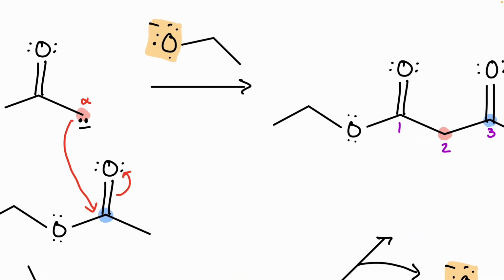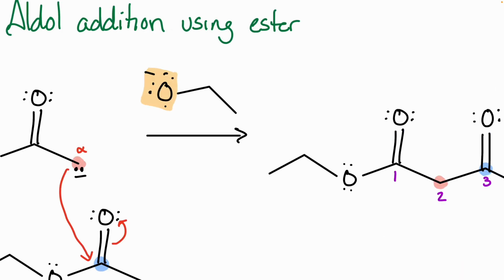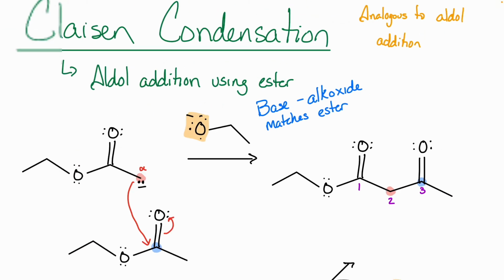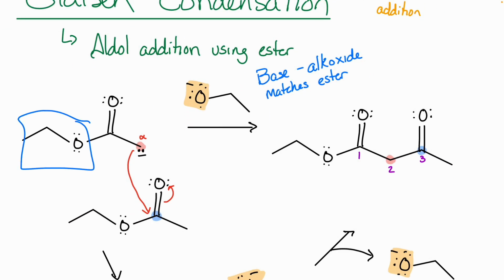So your alkoxide ion, what you're going to use as your base, is an alkoxide that matches that ester. I had a 2-carbon tail on that ester, so I'm going to use a 2-carbon alkoxide as my base in this reaction.